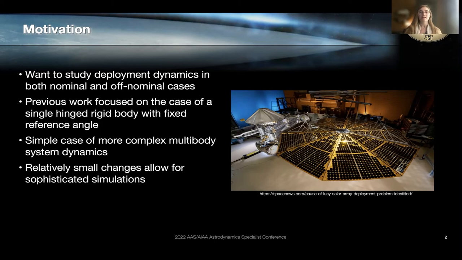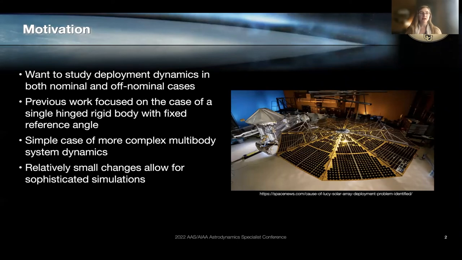When the nominal angle is fixed, what sorts of oscillations are there when you have a hinged panel attached to the hub? So we wanted to extend that to cover more scenarios, looking not just at when that reference angle is fixed, but what's going to happen during deployments, when that reference angle is allowed to change over time.